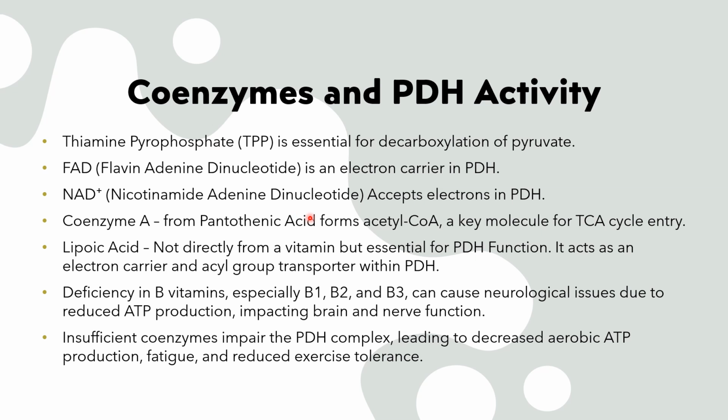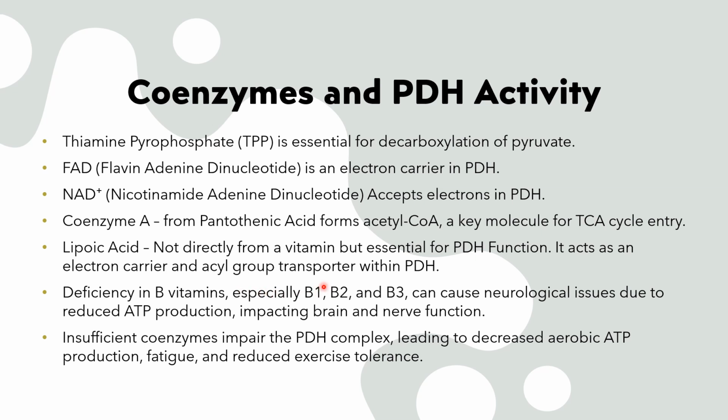So this vital role of the vitamins in the pyruvate dehydrogenase enzyme is very important in energy production, especially in the central nervous system, where when you have deficiency of B vitamins, we have some neurological symptoms associated with some of these deficiencies. And we can see because B1, B2, and B3 play very important functions in energy production. And we know the brain or the central nervous system predominantly utilizes glucose for its energy production.